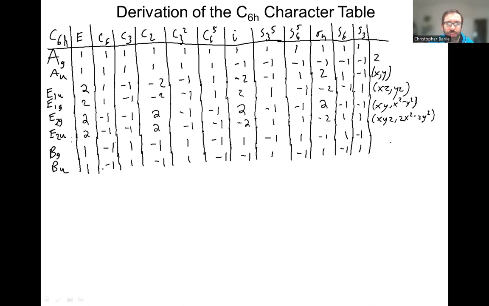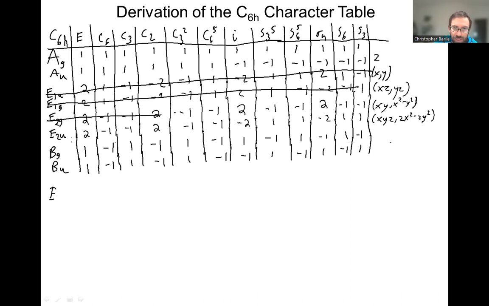Okay, and so our characters contain complex values. And so what we're going to end up doing is splitting each of these E's into components that have 1 as dimensionality. So basically, these are going to get crossed out. They're going to get eliminated from our character table.